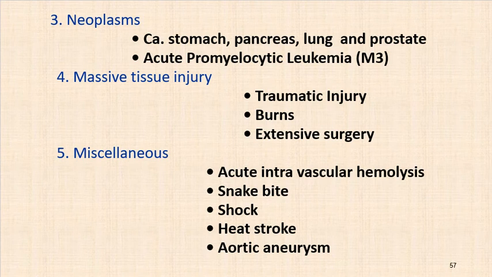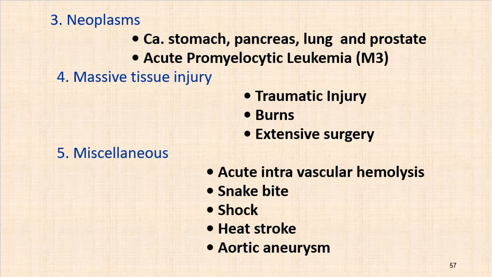The next group, number 3, is neoplasms, like cancer of the stomach, cancer of the pancreas, cancer of the lung, and cancer of the prostate. One of their complications may be DIC, and similarly acute promyelocytic leukemia. At times, the severe complication of acute promyelocytic leukemia (M3) is DIC.